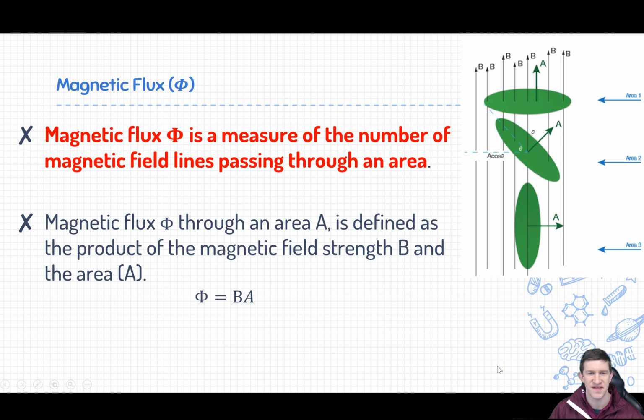Okay, so magnetic flux is a measure of the number of magnetic field lines passing through an area. So it's kind of like a quantity of stuff passing through a certain space. The magnetic flux through an area, which we use the symbol capital A, is defined as the product of the magnetic field strength and the area. So from that we get this Greek symbol phi, which is magnetic field strength times the area.